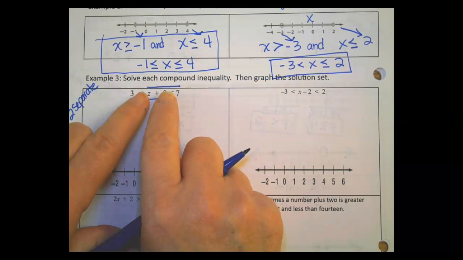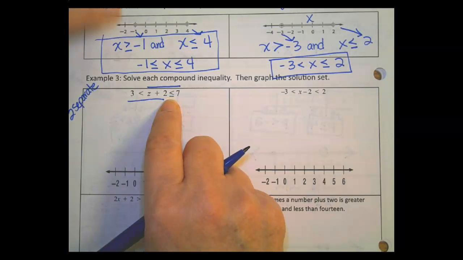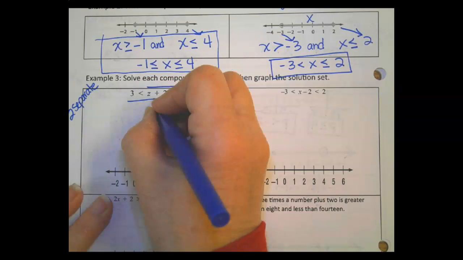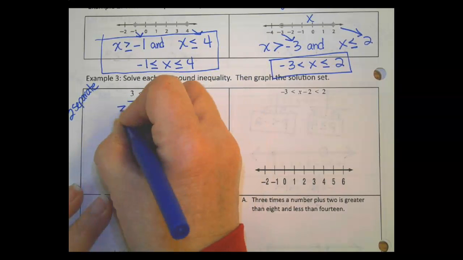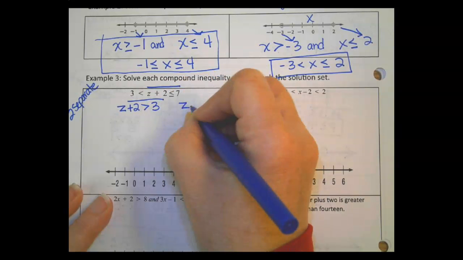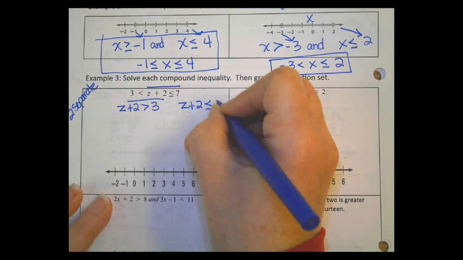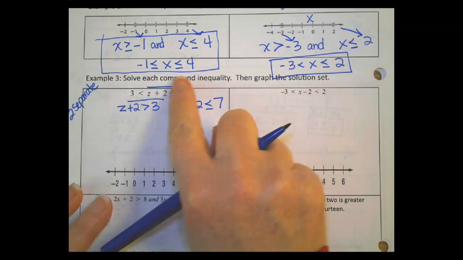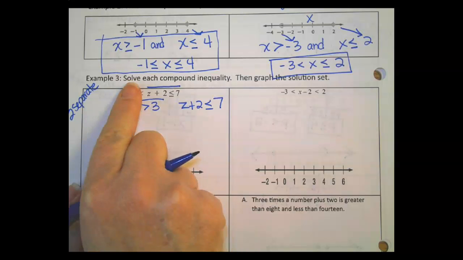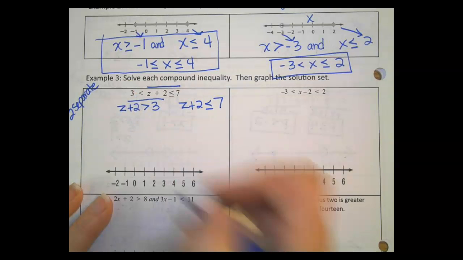They both have a less than. So I'm going to reverse mine: z plus 2 is greater than 3, and z plus 2 is less than or equal to 7. So I just took this and reversed it, and then I took this. And now I'm going to solve.